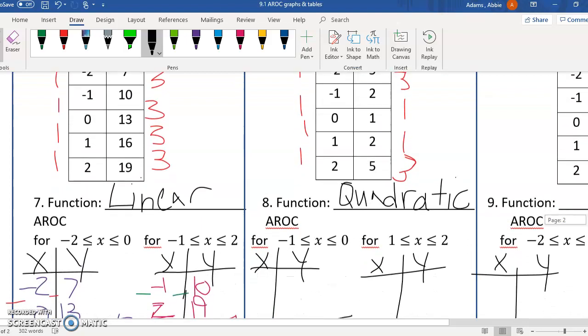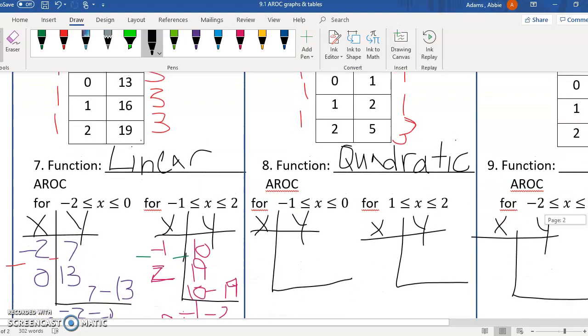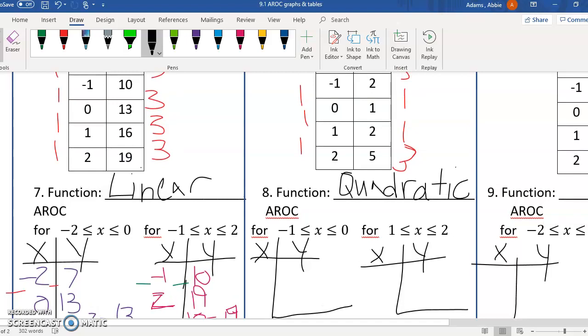Now let's look at our average rate of changes. So our first interval is going to be from where x equals -1 to where x equals 0. So our first values there, we've got -1 for our x, 2 for the y. And looking at the table where x equals 0, y equals 1. So let's find our differences here.